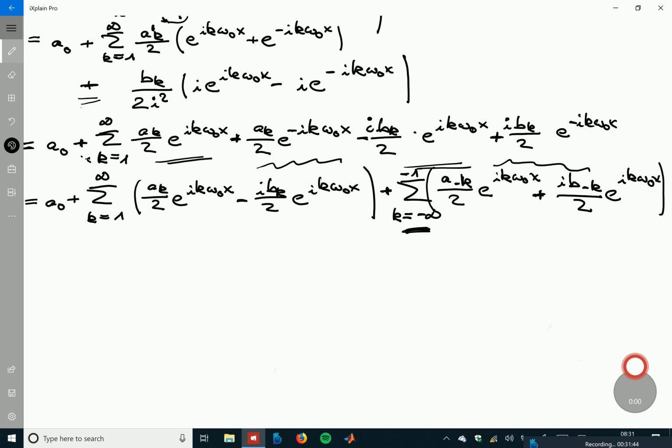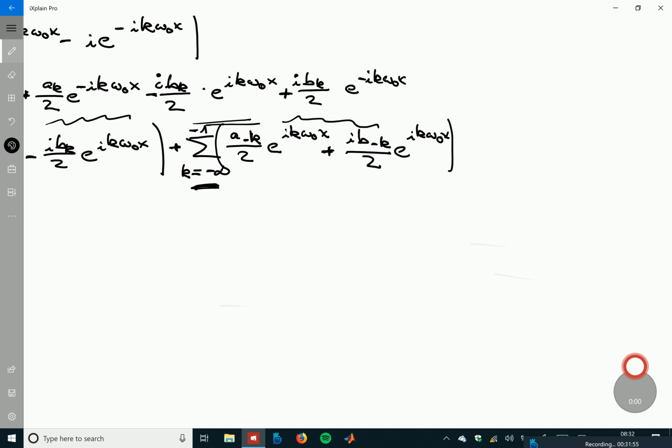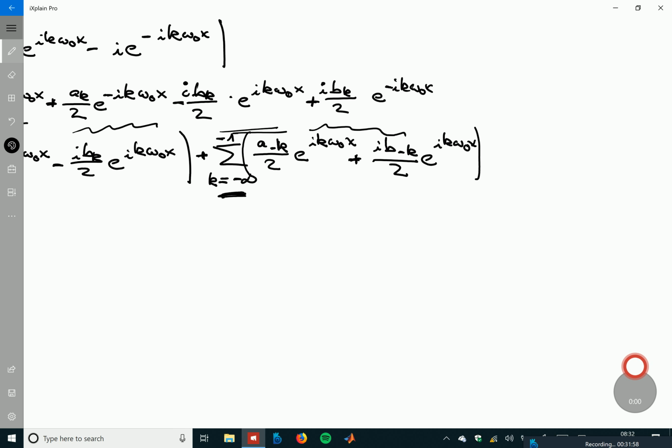I have an example here, in case this is not really clear with this minus and so on. If in this version you have k equals 3, then for this first term you have a_3 divided by 2 e^(minus i 3 omega_0 x). In this case, what refers to 3 is of course minus 3.